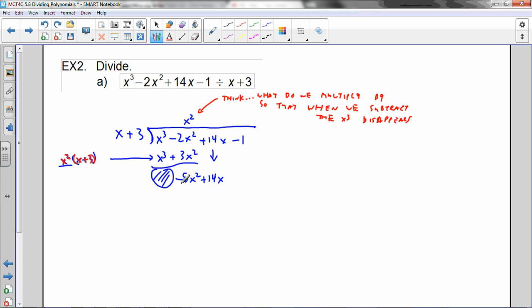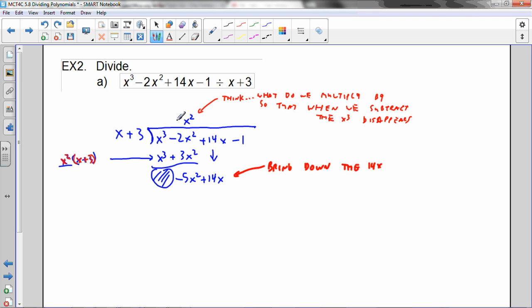Excuse me. Well, that's the next step. Bring down the 14x. And now we have another go. It's just like in long division, the process repeats. So what am I going to multiply by?